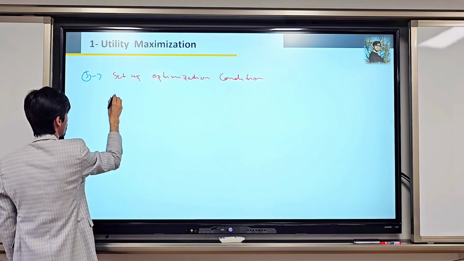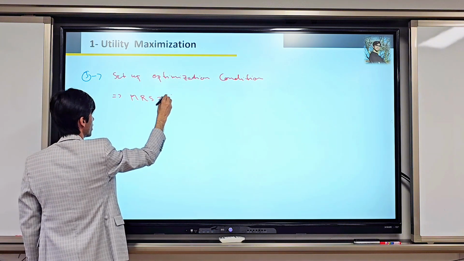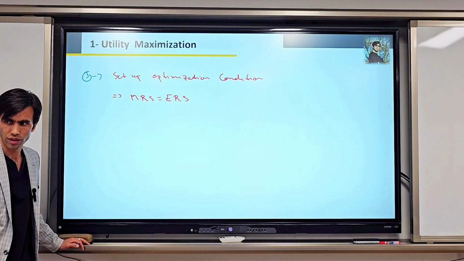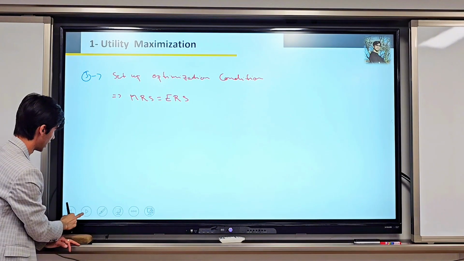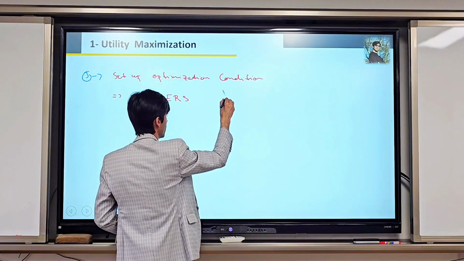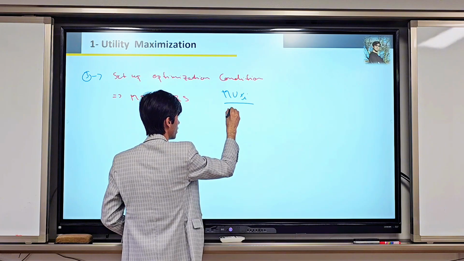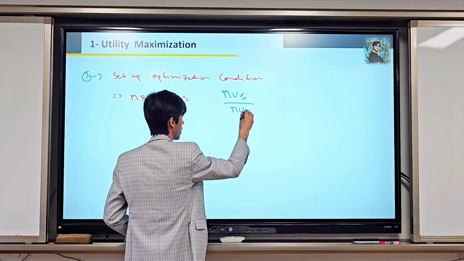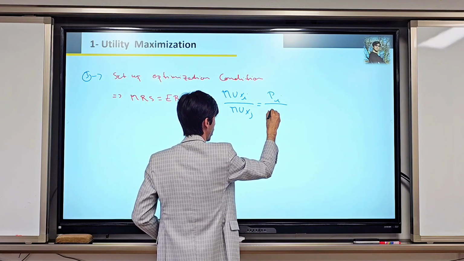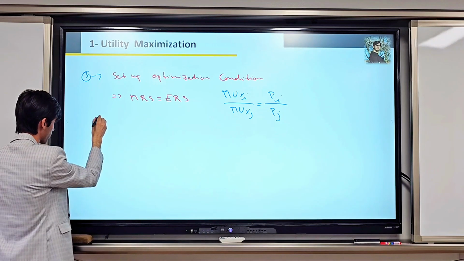And that optimization condition is that the marginal rate of substitution is equal to the economic rate of substitution. Or another way, the marginal utility of xi divided by the marginal utility of xj is equal to the ratio of price. Why is this?